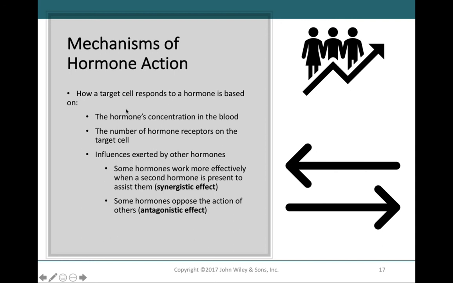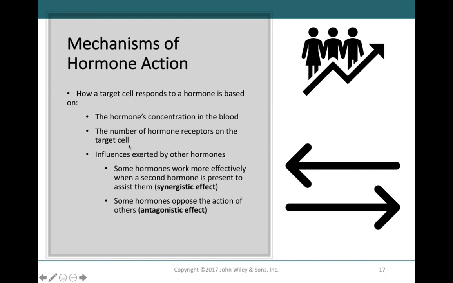So out of the three of these factors, the most straightforward to understand would be the concentration of the particular hormone. The more hormone that is released, the greater an effect that hormone is going to have on the target cell. If we only release a little bit of a hormone from a particular endocrine organ, that's only going to incite a very, very mild response. Now that is true for the most part, as the number of receptors is also very, very important.